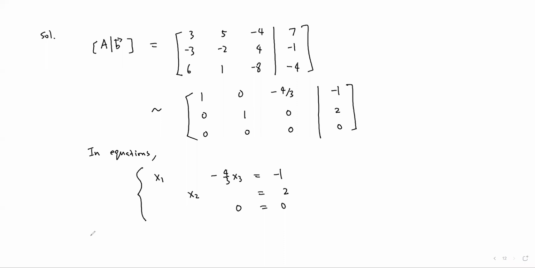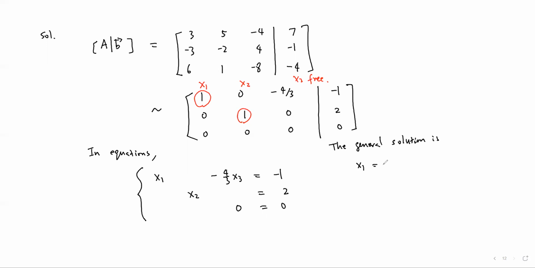Now determine the basic variables and free variables. There is a pivot in the column of x1, so x1 is basic. There is a pivot in the column of x2, so x2 is basic. No pivot in the column of x3, so x3 is free. Now the general solution: solve the linear system for basic variables in terms of free variables.